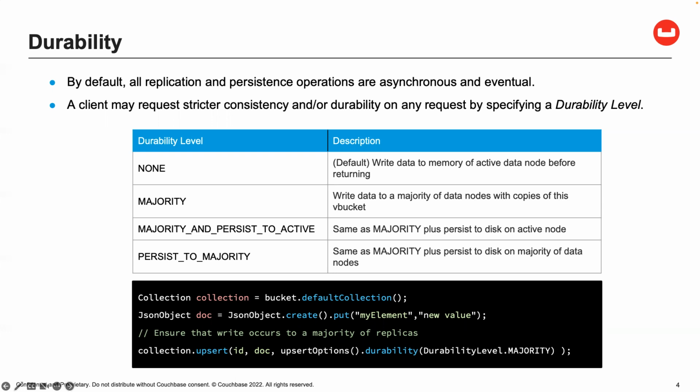So the writes to your bucket, AKA database, can optionally be assigned durability requirements, which instruct the Couchbase server to update the specified document on multiple nodes in memory or in disk locations across the cluster. So before it's actually considered a successful write, it will check the durability level that you tell it before it sends an ACK back to the calling client.